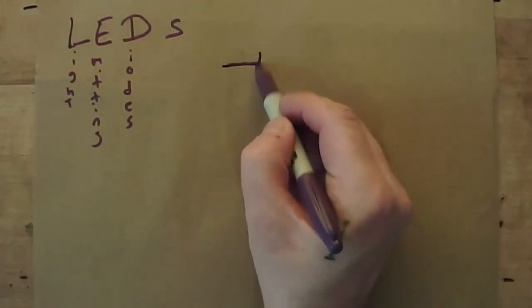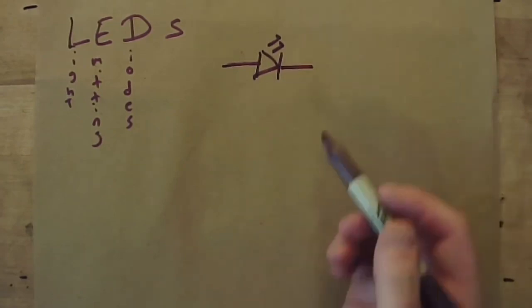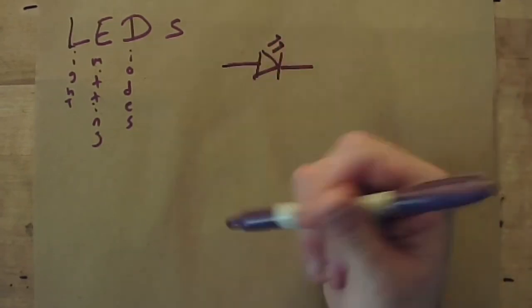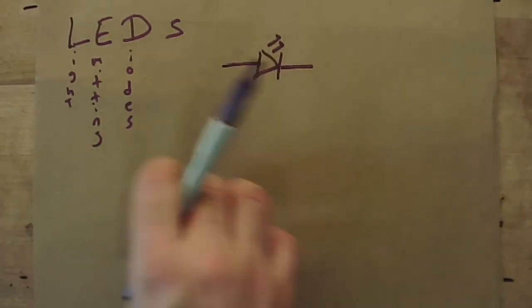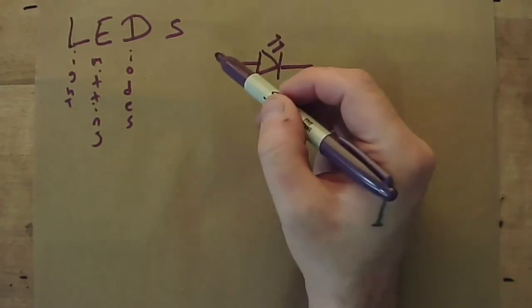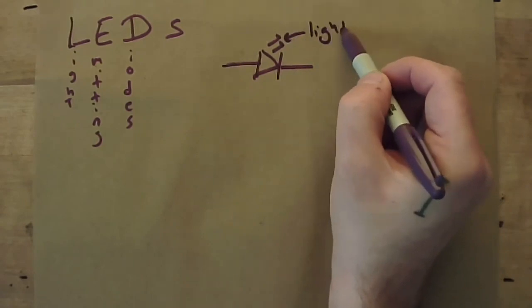But those are LEDs. Those are light-emitting diodes. And the electronic symbol for an LED is this. So this little picture you might see if you ever look at an electronic circuit diagram. This is an LED.